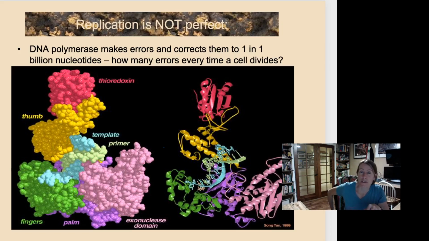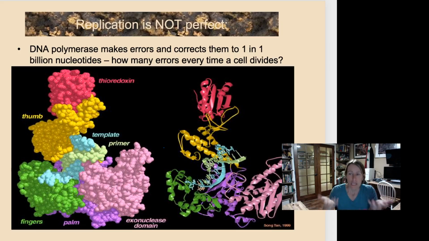If it can feel that the bases aren't lining up right, like there's an A and it's trying to pair with a G, which it shouldn't be, the DNA polymerase enzyme can sense that, stop moving forward, and backtrack and pull out the bases that it put in wrong until it gets to the error. So it pulls out the G, puts a T in there, which is what it's supposed to be, and then off it goes again. It's basically like when you type and you see a typo, and then you go backspace, backspace, backspace to get to where the error is, take out the error, and then type on correctly.